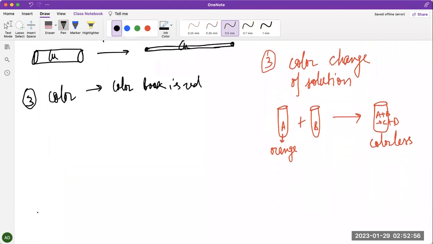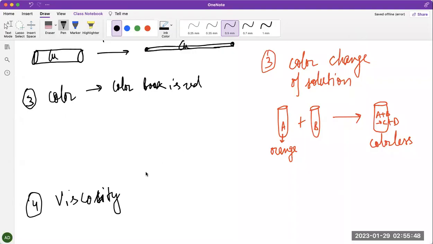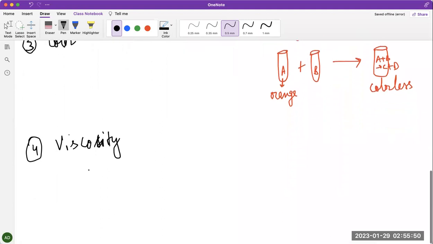So let's say another example would be viscosity. Think of viscosity. So viscosity is how a fluid wants to travel, right? How viscous something is will be decided by how much resistance there is for a liquid to flow.